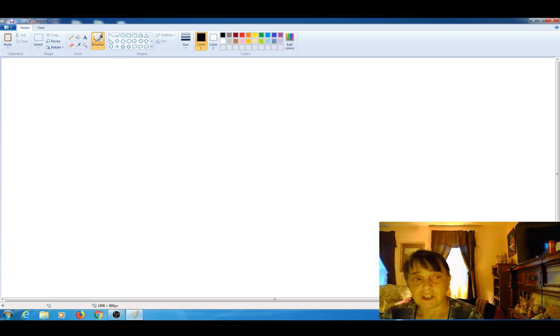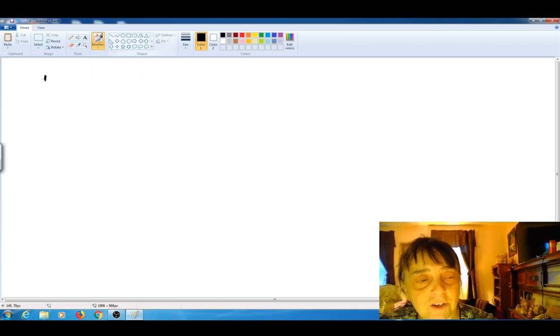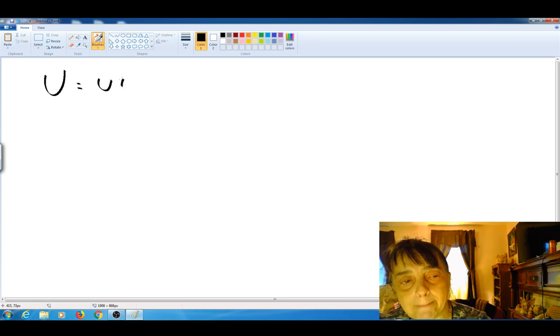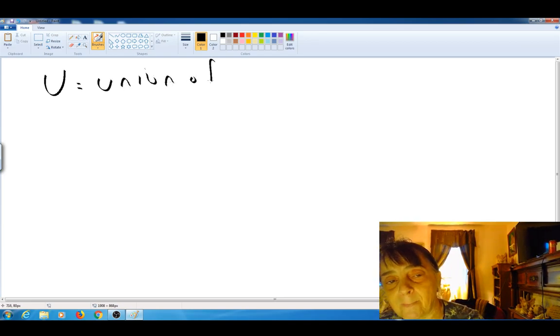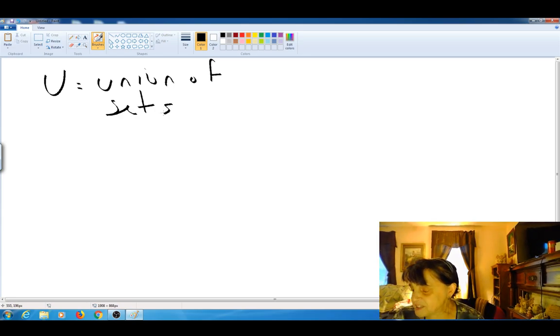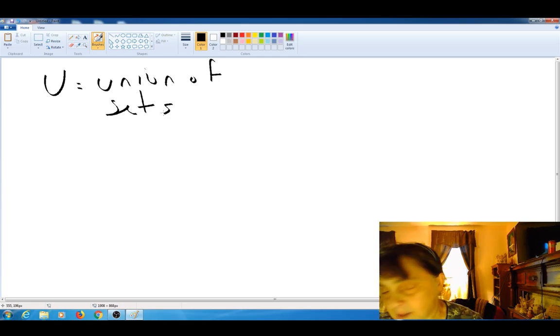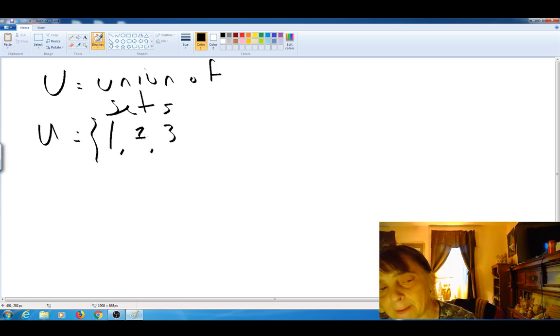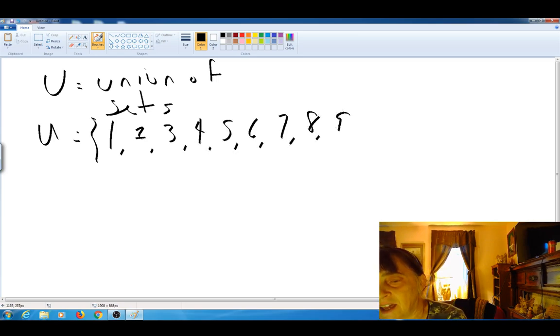Now we're going to talk about union of sets. Union of sets is this symbol. That means all the elements in one set and all the elements in the other set put together into one set. So let's say U has elements 1, 2, 3, 4, 5, 6, 7, 8, 9, 10.